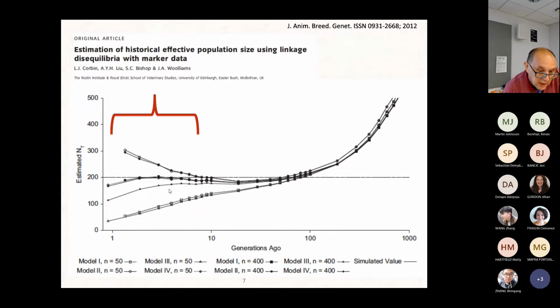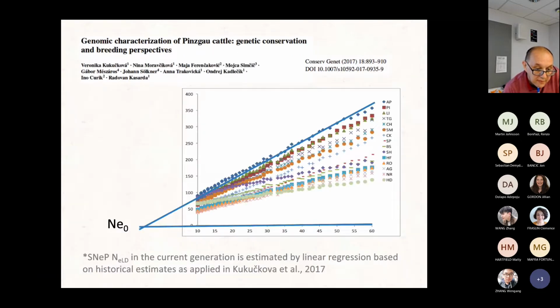So recently, what I did, for example, was to do estimates, collect the information of some historical estimates, for example from generation 10 and later, and then do linear regression to predict what's going on in generation 0. So this is how I would do it. I must admit that I had the feeling that the values were a little bit lower than I would expect, but maybe this correction is not good.